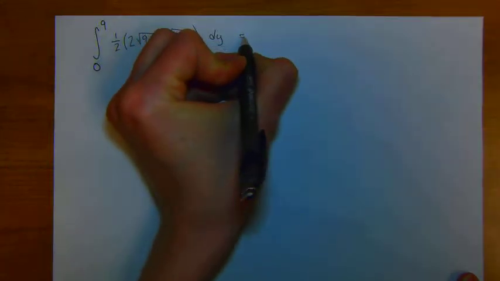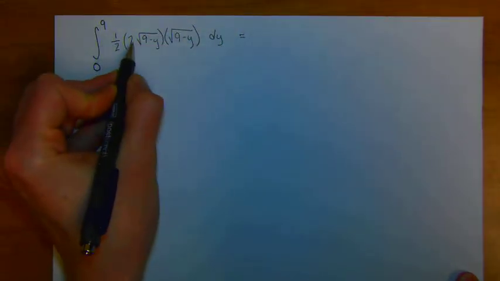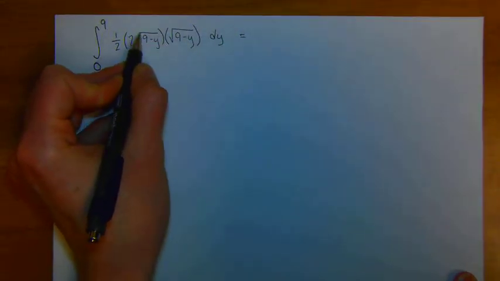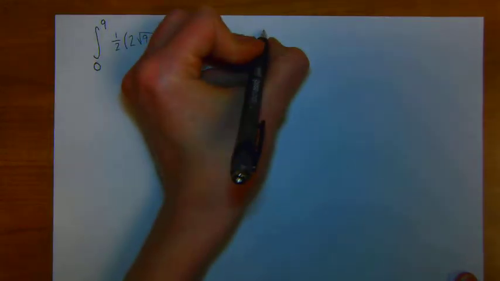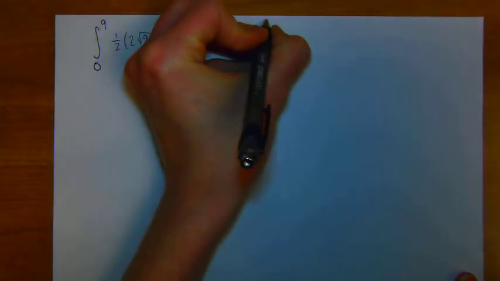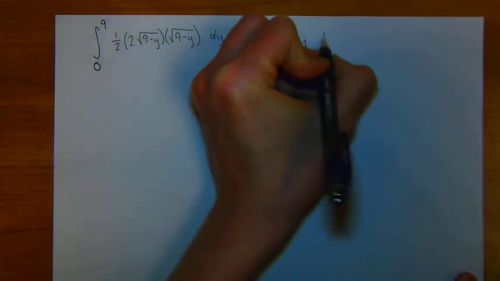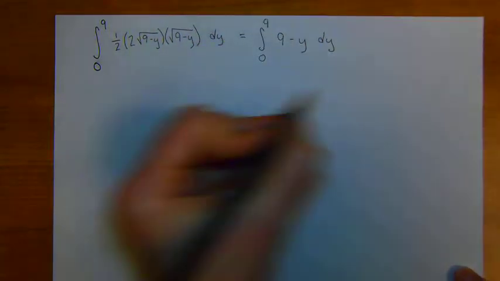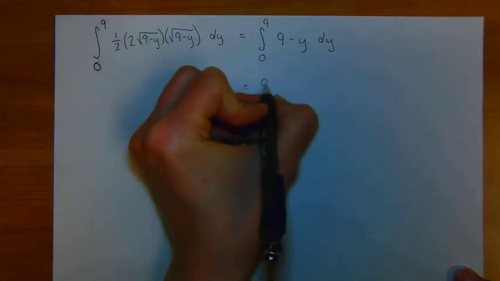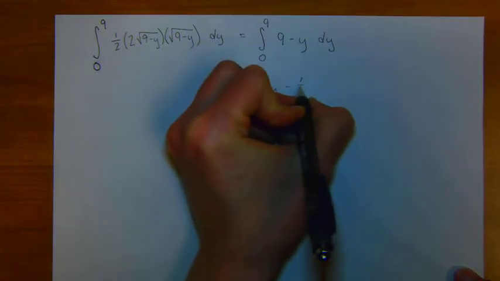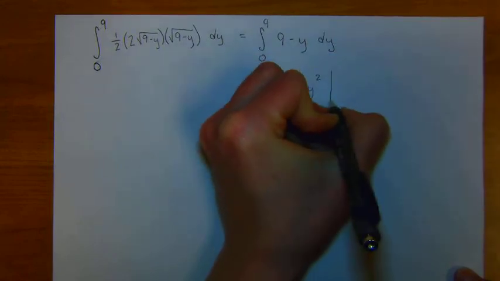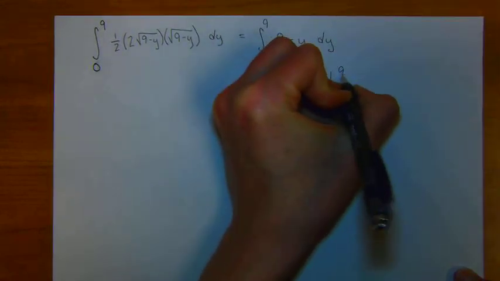And the nice thing is that this simplifies nicely. 1/2 times 2 is 1, and the square root of 9 minus y times the square root of 9 minus y is just 9 minus y. So this is the integral from 0 to 9 of 9 minus y dy. Easy to integrate. That ends up being 9y minus 1/2 y squared, evaluated from 0 to 9.